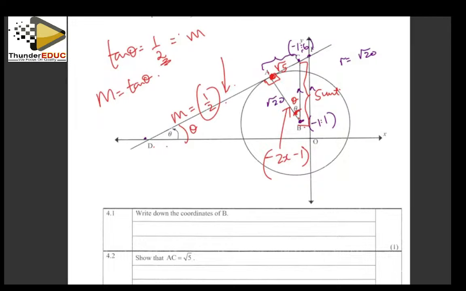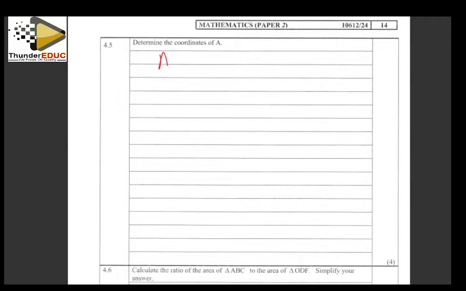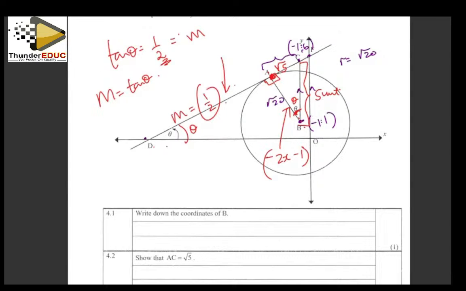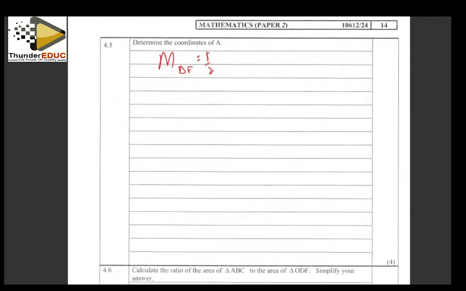So what I'm going to do, I'll say that the gradient of BF is a half. And then one set of coordinates on this point is -1 and 6. It's going to be y minus 6 is equal to a half into x minus -1. So y is going to be a half x plus a half.